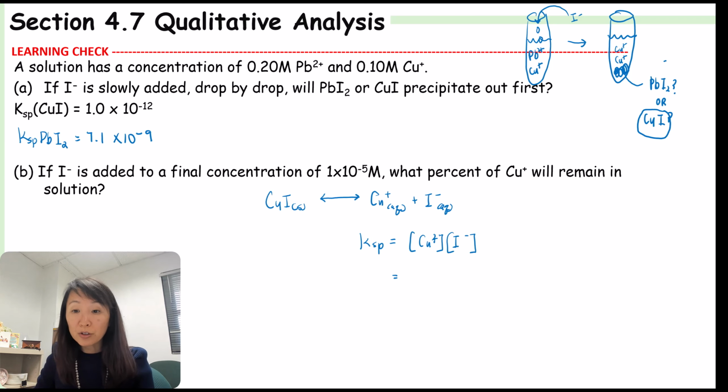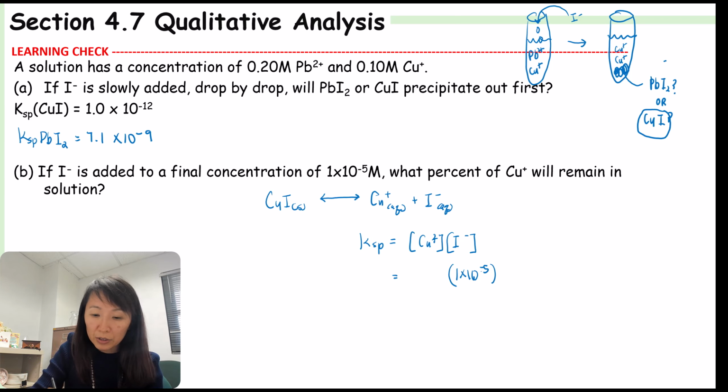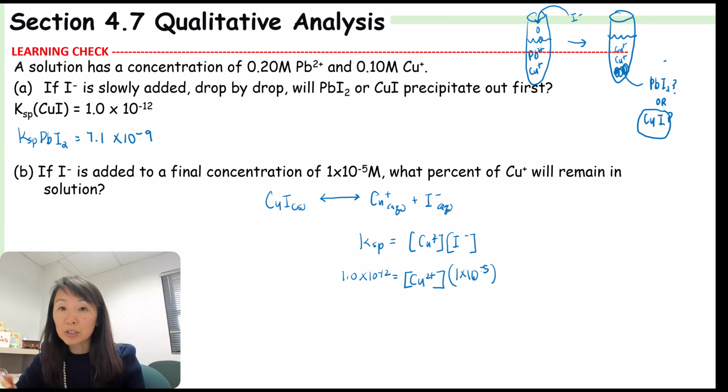We know the concentration of iodide, and that would be 1 times 10 to the negative 5. We know the Ksp value, which is 1.0 times 10 to the negative 12. And we don't know the concentration of copper when it has reached equilibrium. We do know the concentration initially, but we don't know after equilibrium has passed what concentration is left over.